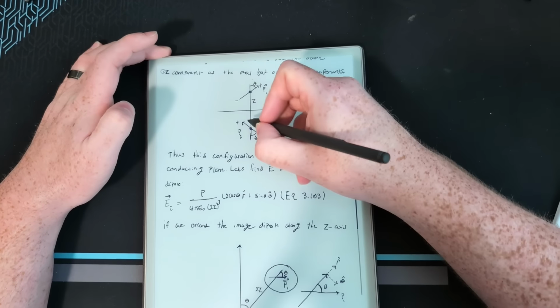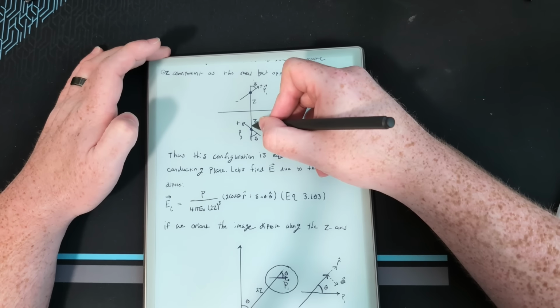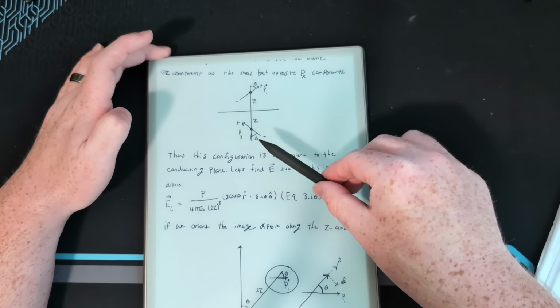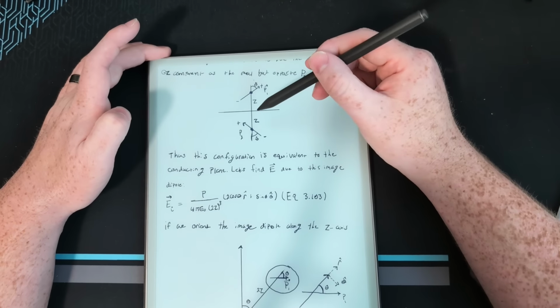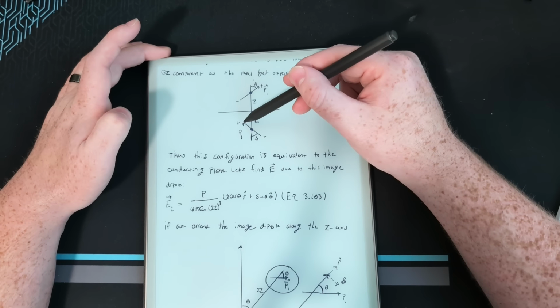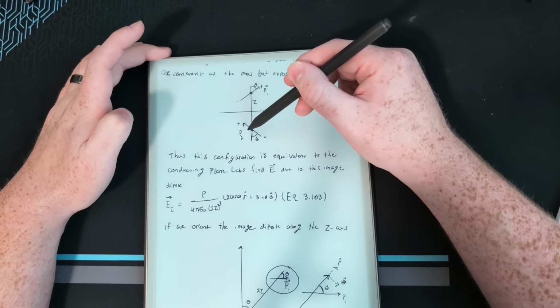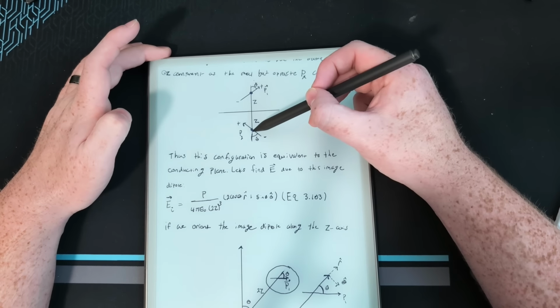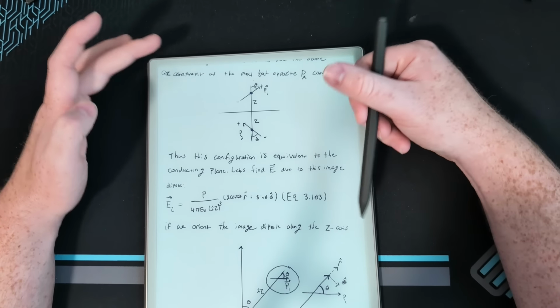So essentially what I'm suggesting here is that we orient this dipole the same distance z here, but the dipole is going to be oriented this way, then the x component here is going to be opposite of the x component here. The z component will be the same. And that will give us the negative sign.